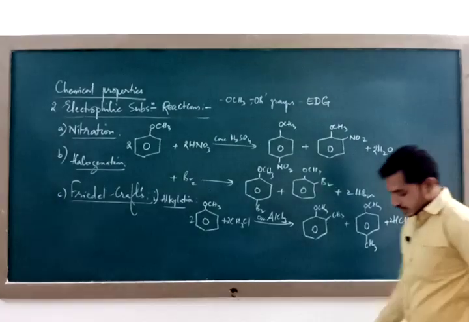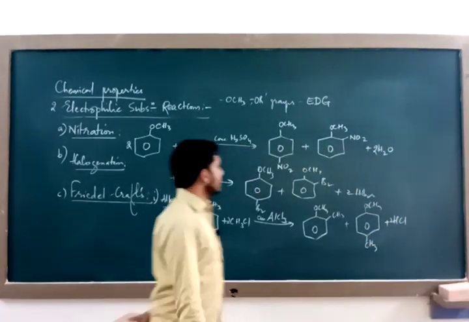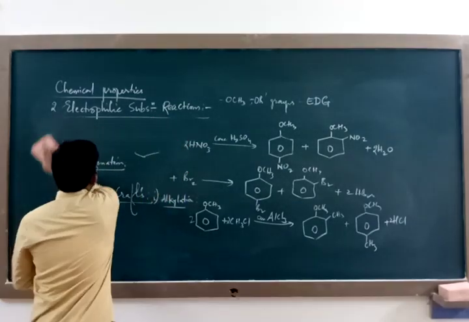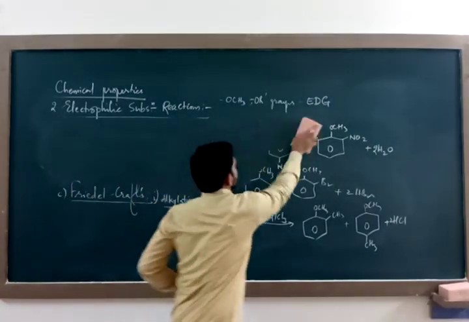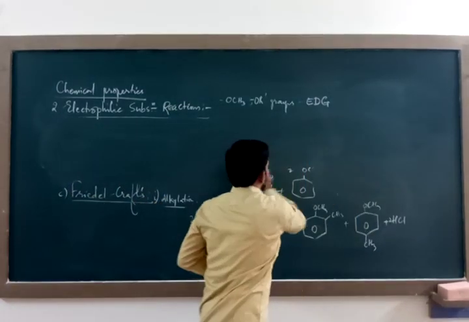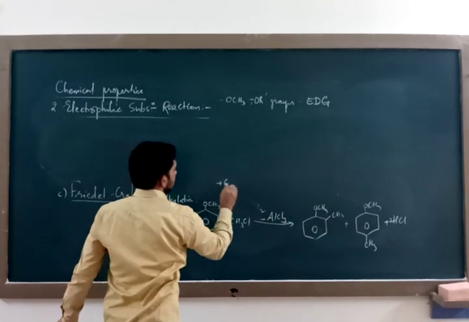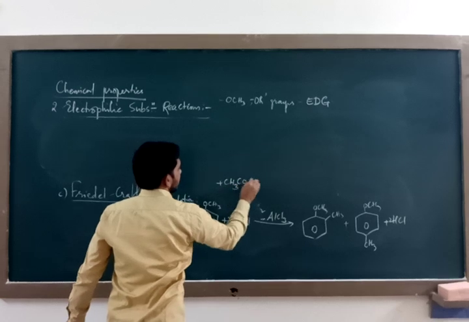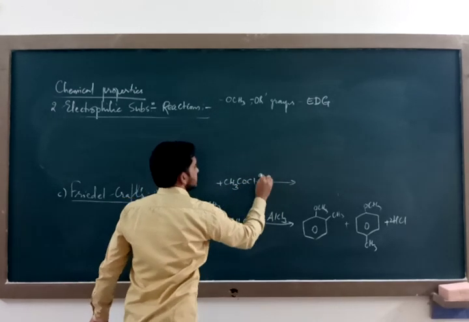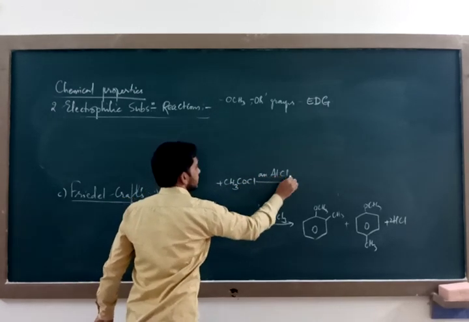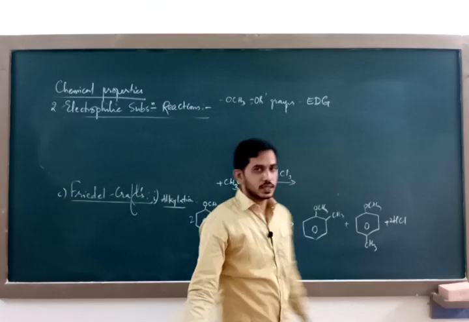paramethoxytoluene. If the same is done for acetylation, acetylation means you need same anisole with acetyl chloride under same anhydrous AlCl3 as a catalyst or halogen carrier.